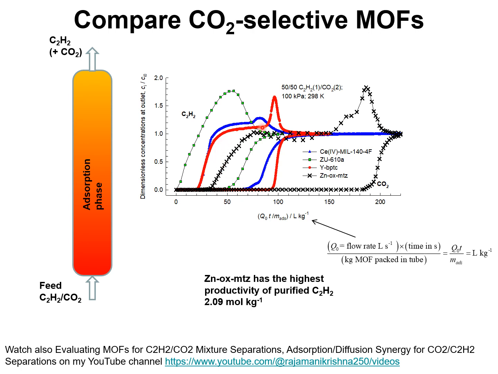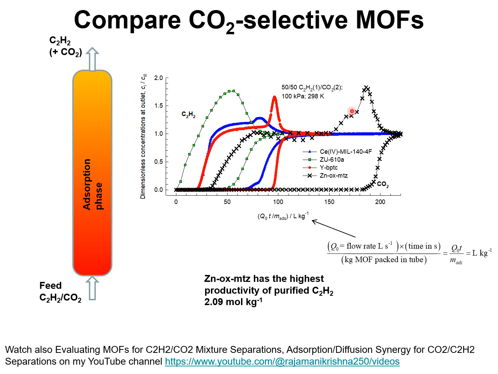The blue lines refer to the experimental data for cerium MIL-140-4F. The red lines show the experimental data for ultramicroporous Y-BPTC that relies on adsorption-diffusion synergy for separating C2H2/CO2 mixtures, in which both adsorption and diffusion favor the uptake of CO2.